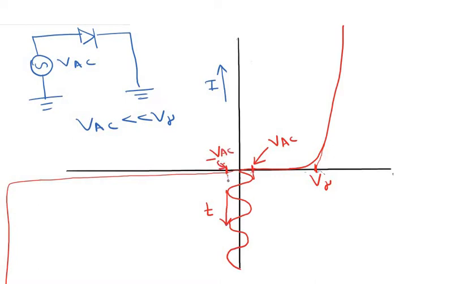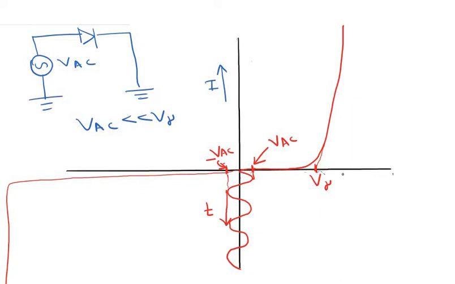So at this voltage also the current across the diode is actually 0. So if I apply a small signal AC voltage across the diode and the amplitude of the AC voltage is much less than V gamma, then the current across the diode would approximately be 0, because that voltage is not sufficient to cross the cut-in voltage of the diode.